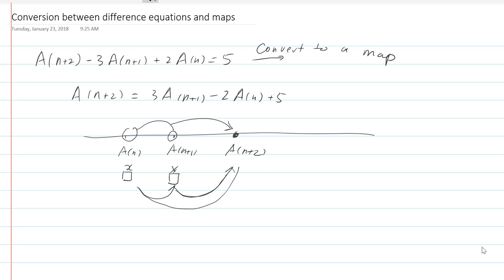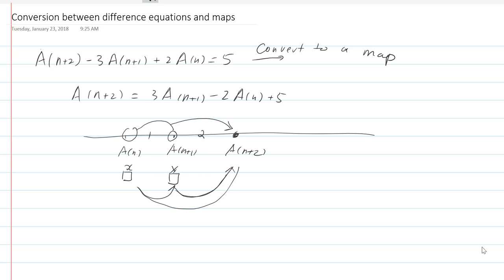And that's why we say this difference equation is of degree 2, because you see the gap over here. The gap has length 2. Here is 1 and here is 2. So when you see this gap size is 2, that means we need to have two variables in the map.